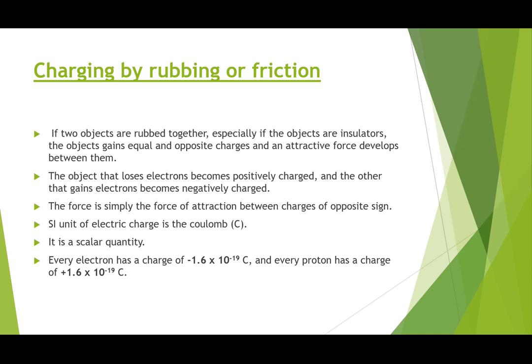By friction, we are providing some energy to the electron, so that the electron will overcome the electrostatic force and come out of that atom, and it will be transferred from one object to the second object with which we are rubbing it, which gains that electron. So the first object becomes positively charged and the second object becomes negatively charged.